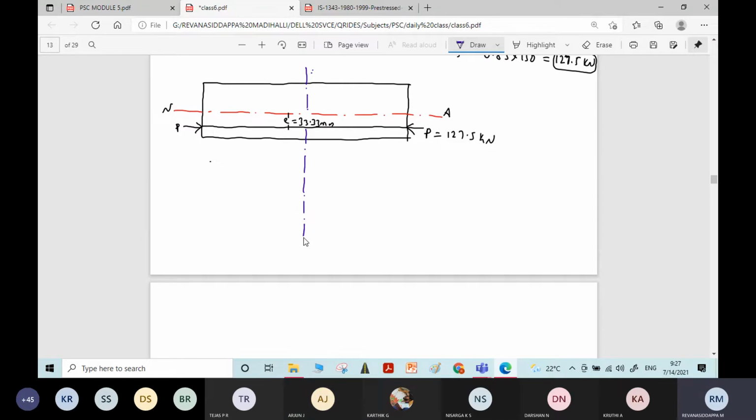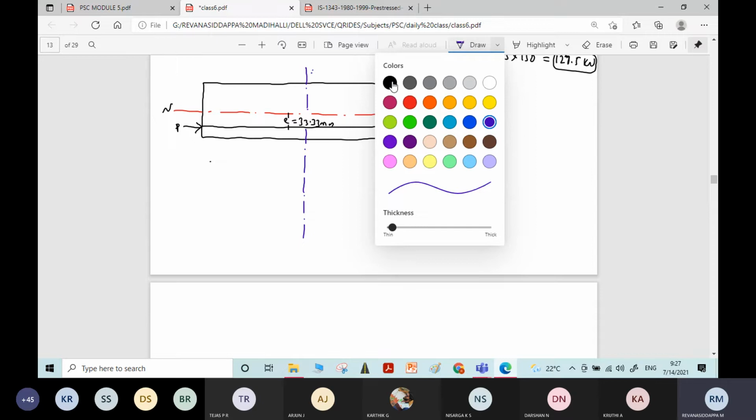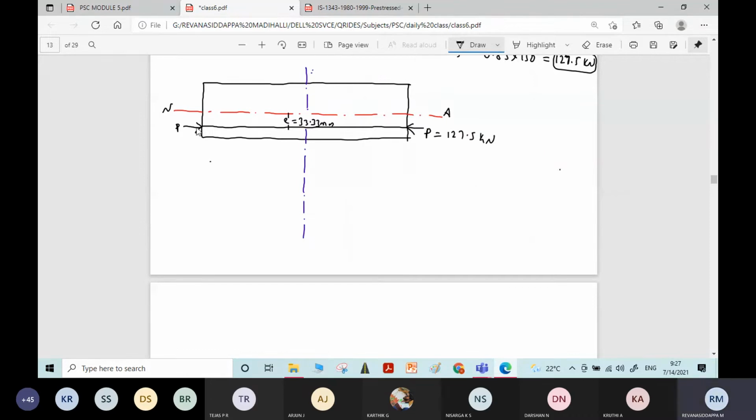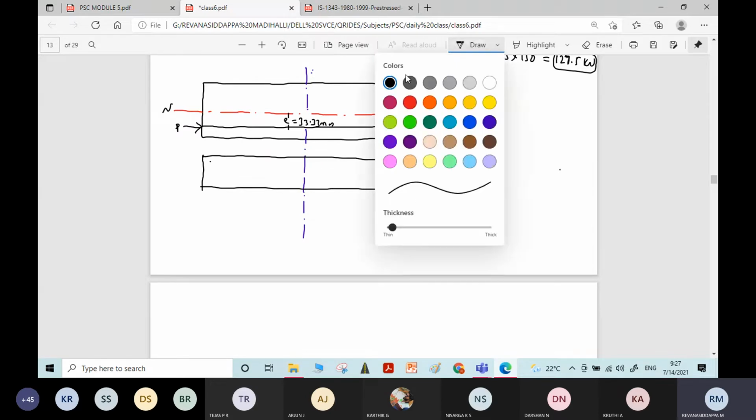The nature of BMD for a beam carrying pre-stressing force through a straight cable will be rectangular in shape. For a parabolic cable, the nature of BMD will be parabolic. I hope you are able to recall the things.